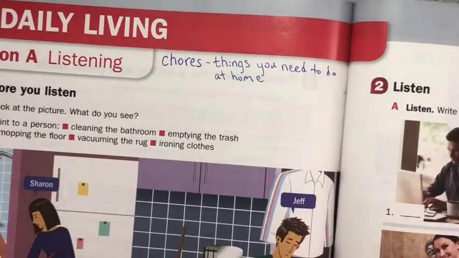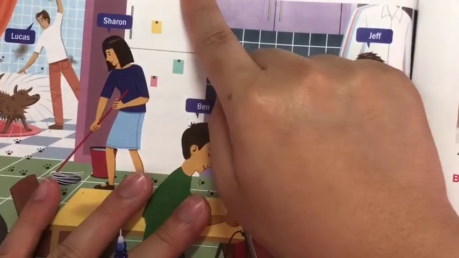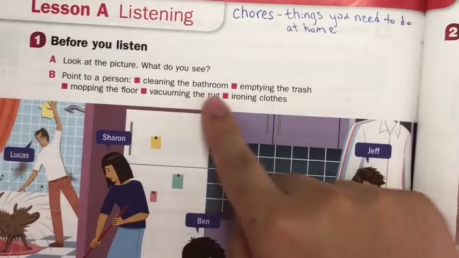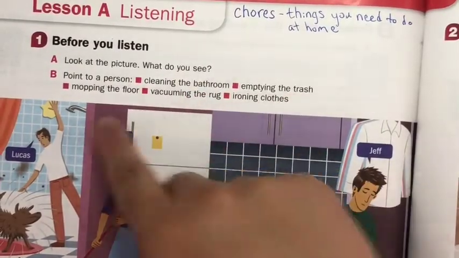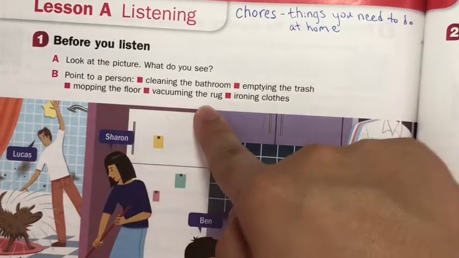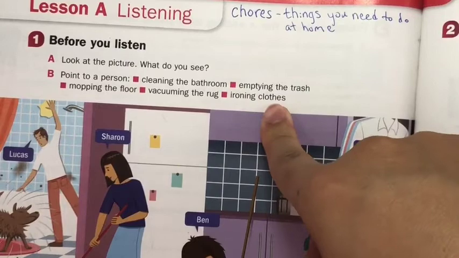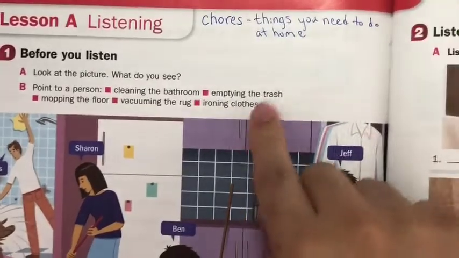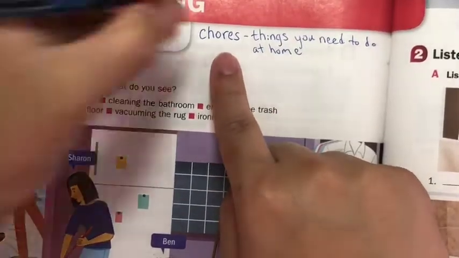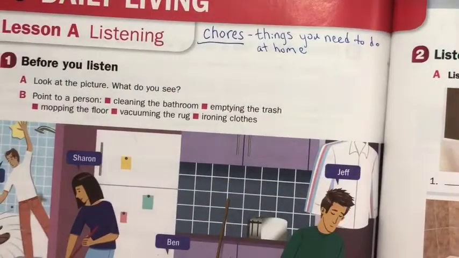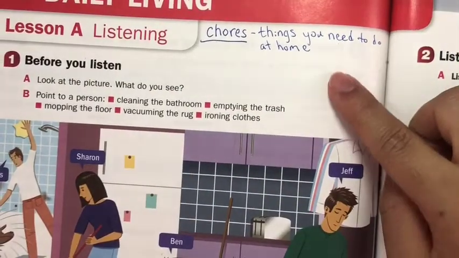So the things you need to do at home are cleaning the bathroom, emptying the trash, mopping the floor, vacuuming the rug, ironing the clothes. So cleaning, cooking, washing clothes, all of these are chores. All of these are things you need to do at home.